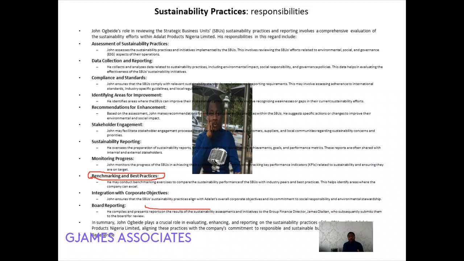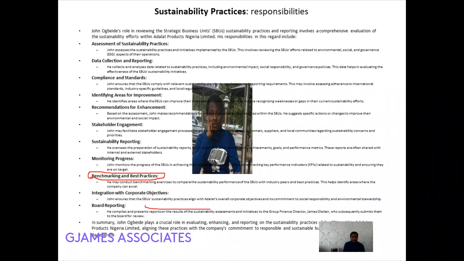When we're talking about benchmarking, we are talking about ensuring that ourselves as an organization and maybe another company in our industry, the regulatory framework and best practices, our project aligns with it.